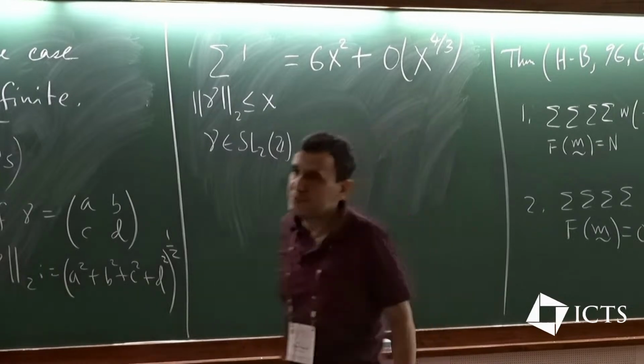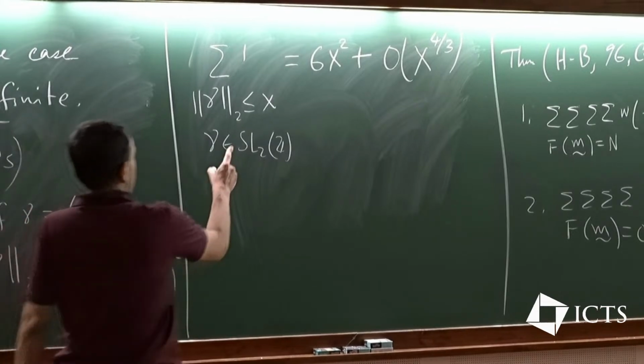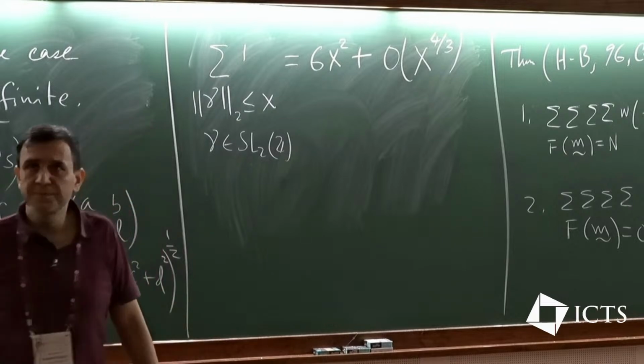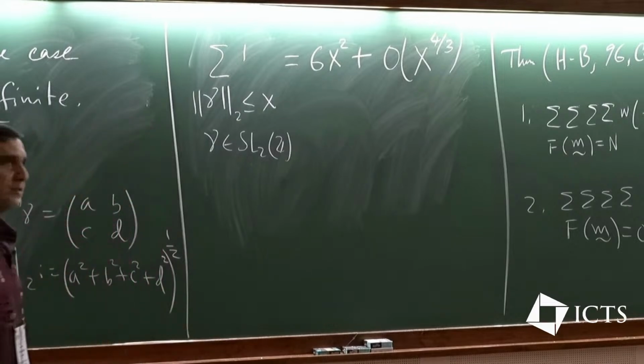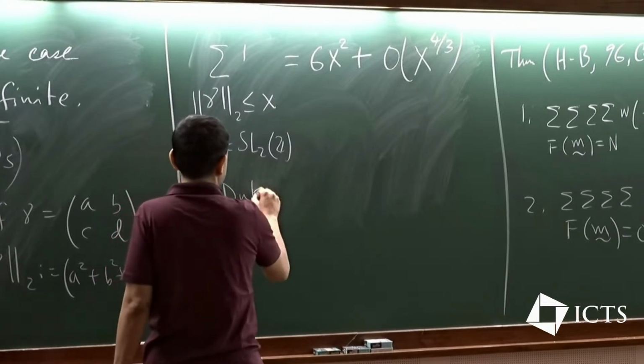And this bound has not moved since then. It is still the best known bound. But you can change the group, and there are a lot of generalizations, for example, by Duke, Rudnick, Sarnak.